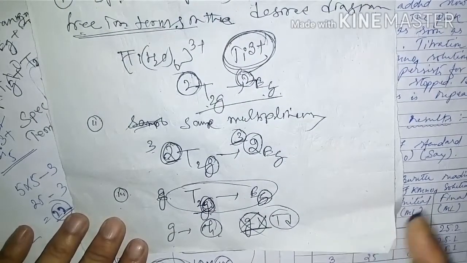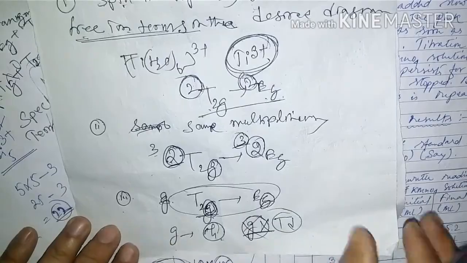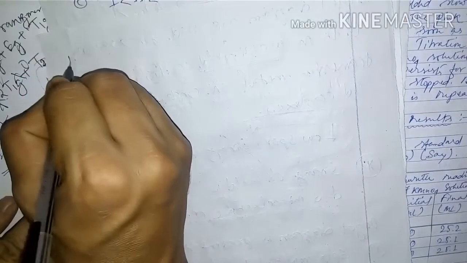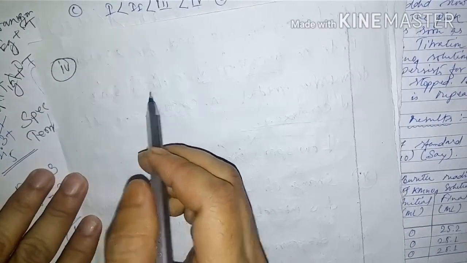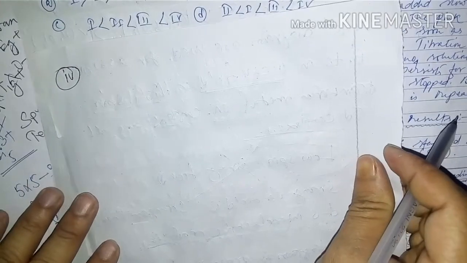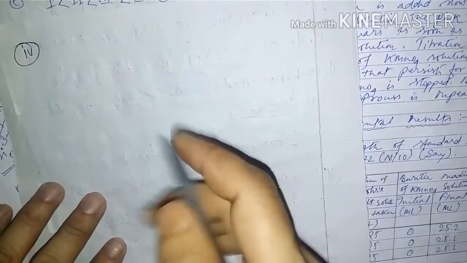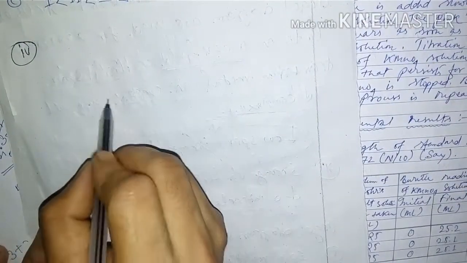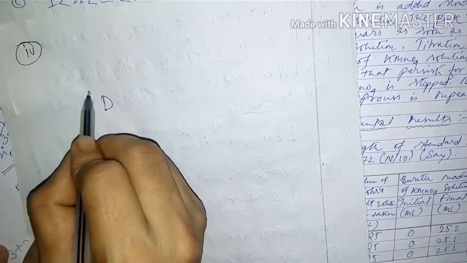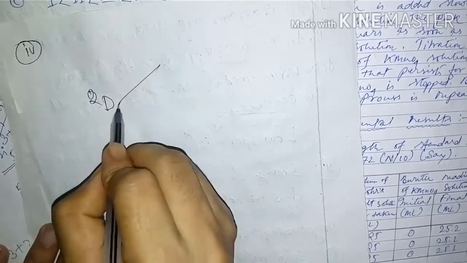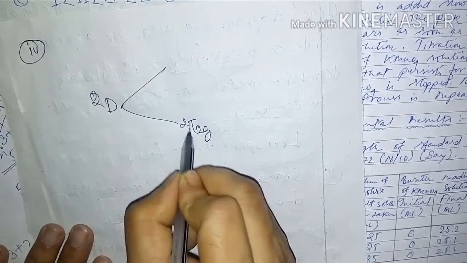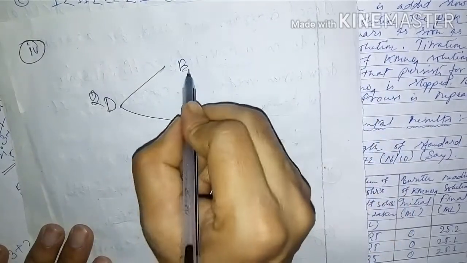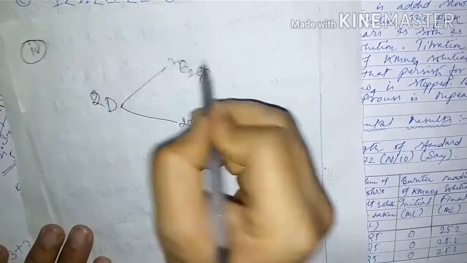And next, point number 4: show all possible transitions from the ground state to different excited states. Suppose all possible transitions, and now this d term symbol, here like this, 2T2g to 2Eg.